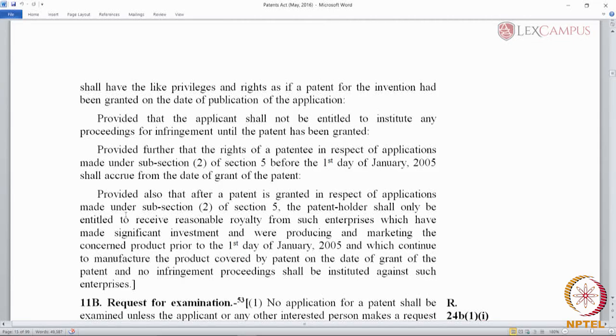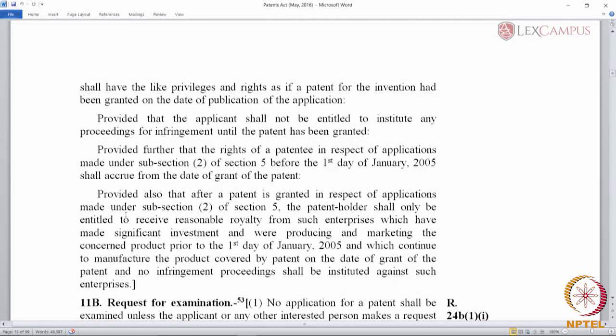Now, 11(a)(7) tells us that upon the first publication, which is TPA, the applicant will have certain rights and privileges similar to that of a person who has a granted patent, and in 108(1) we saw that those privileges and rights are largely the right to stop a person from doing something or the right to claim compensation.